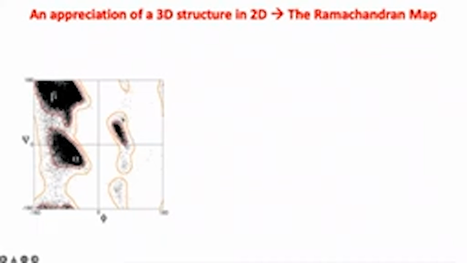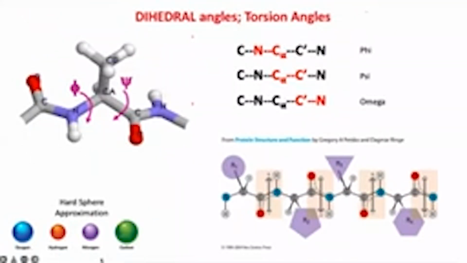And the reason, it turns out, you can model this in today's day and age using energy calculations. But in the 1960s, when Ramachandran did it, he used plastic models and a hard sphere approximation. He gave a certain radius to each atom, which is shown over here.